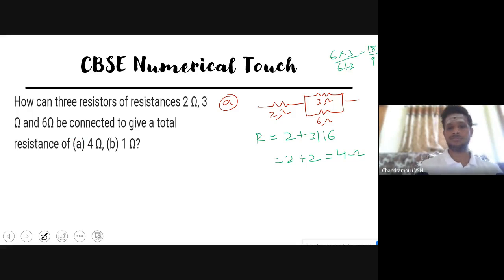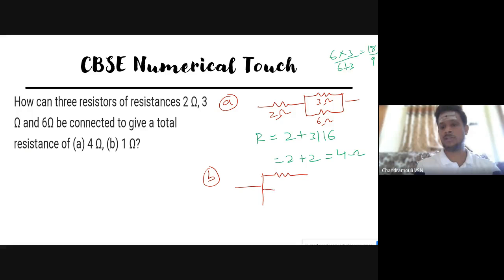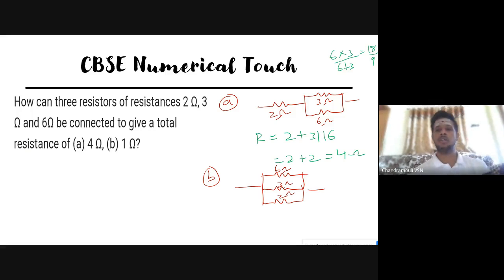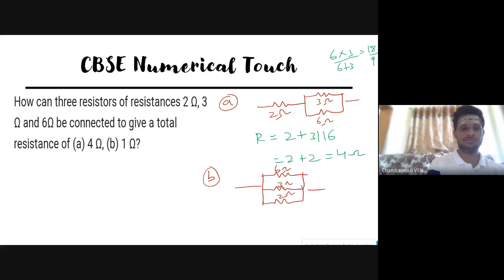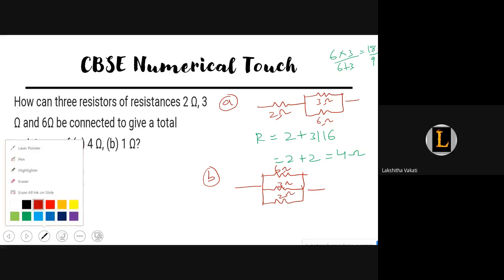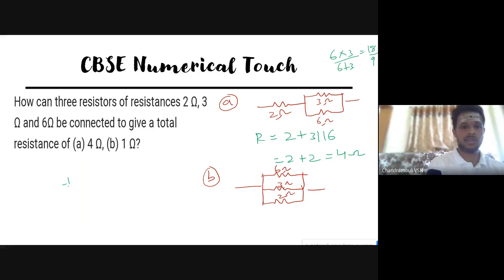Now what is B? We need to obtain 1 ohm. How do you get 1 ohm? I am thinking you connect all three in parallel. Super idea, beta. Very good. 6 ohm, 3 ohm, and 2 ohm. How to find the parallel resistance, beta? 1 by R is equal to 1 by R1 plus 1 by R2 plus 1 by R3. So 1 by R is equal to 1 by 2 plus 1 by 3 plus 1 by 6.